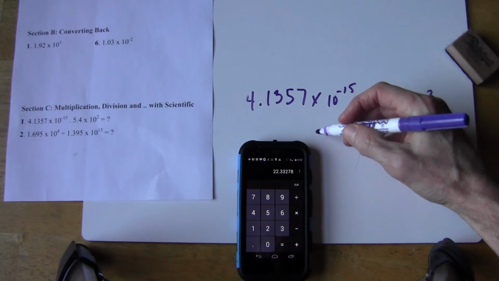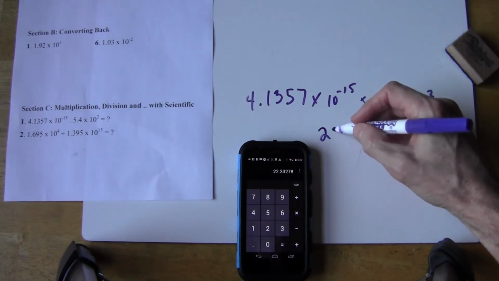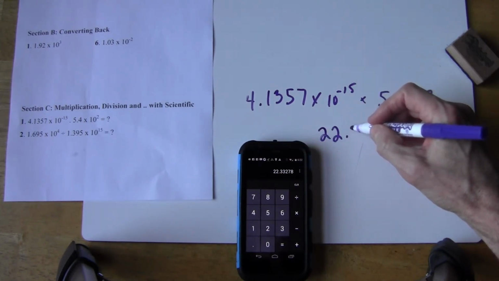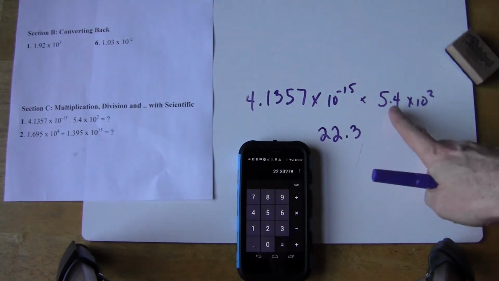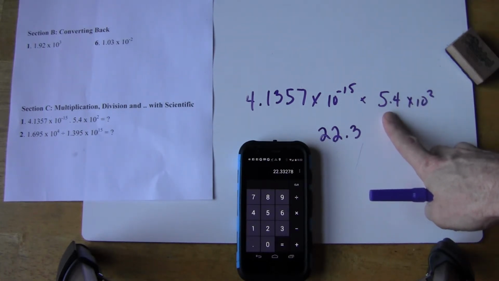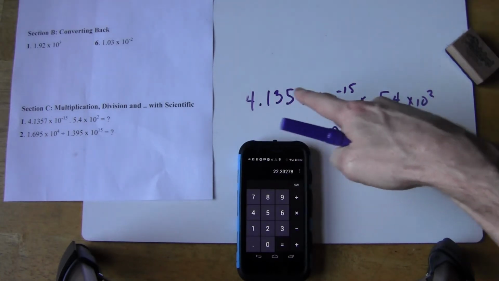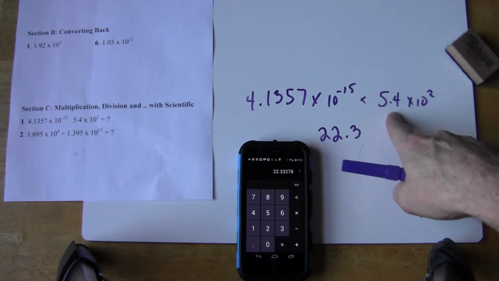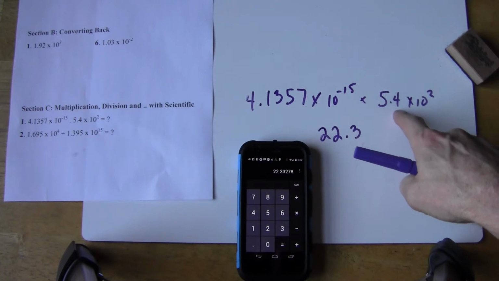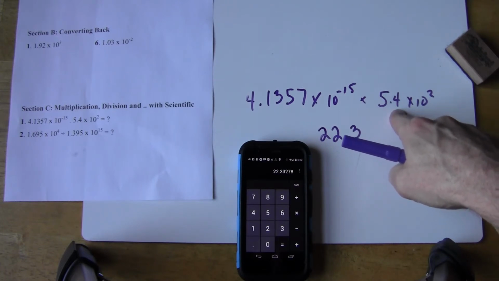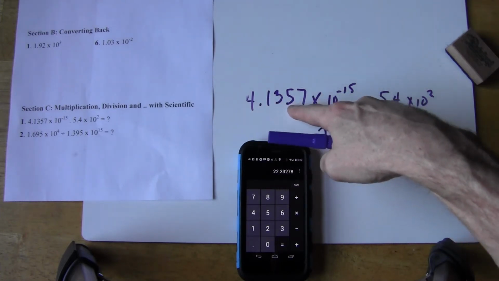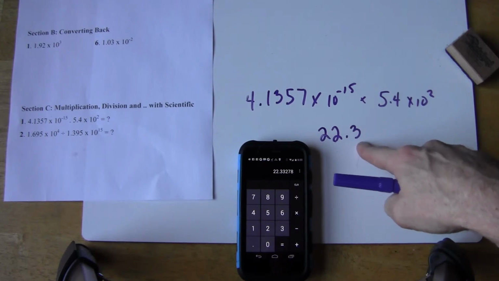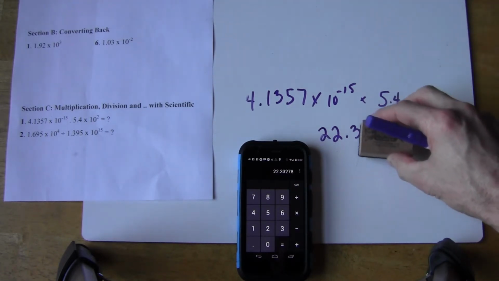Now here's the trick. The answer is a big old decimal, 22.3 and so on. But since you have to look at both the numbers you're working with, and however many significant figures there are, see there's only 2 in this number, the final answer can only have 2. It can't have all those decimals. So I have to stop it at 22.